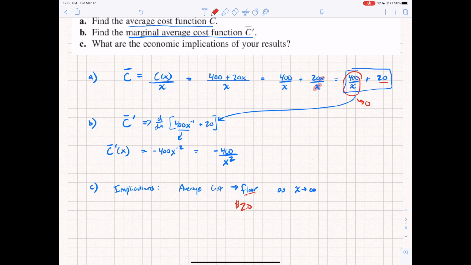And we actually see this in terms of the marginal average cost. If we look at our answer in B, notice how this overall derivative is negative, meaning that as I continue to produce more and more items, the cost is going to continue to drop because that's the change. And not only that, because it's over x squared, again, as x goes to infinity, the marginal cost will go to 0.